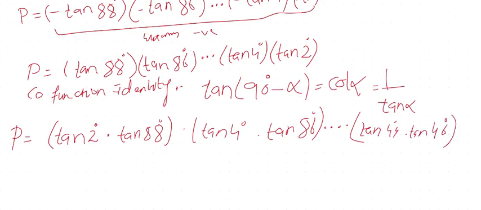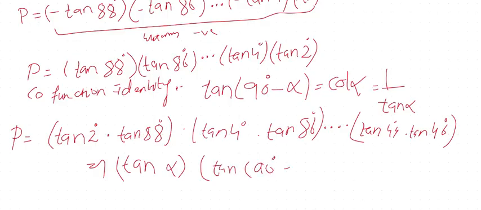Consider a general pair, tan alpha into tan(90 degree minus alpha). So what is the answer?